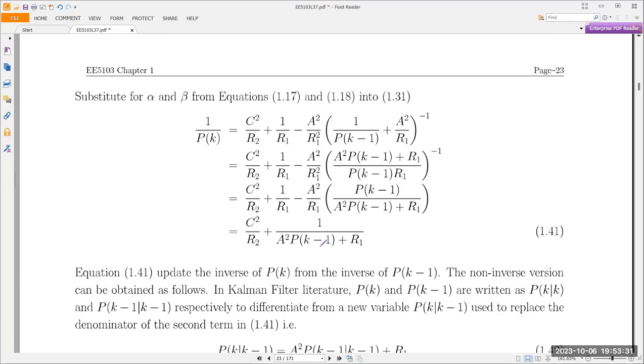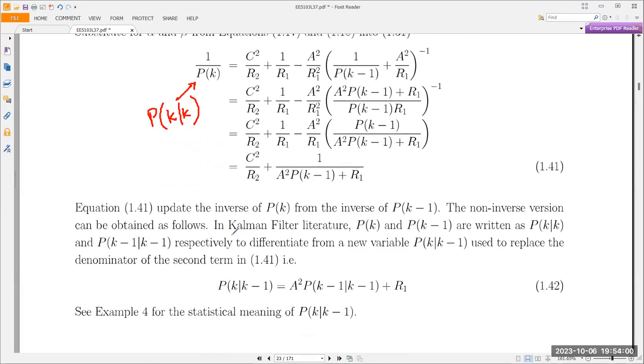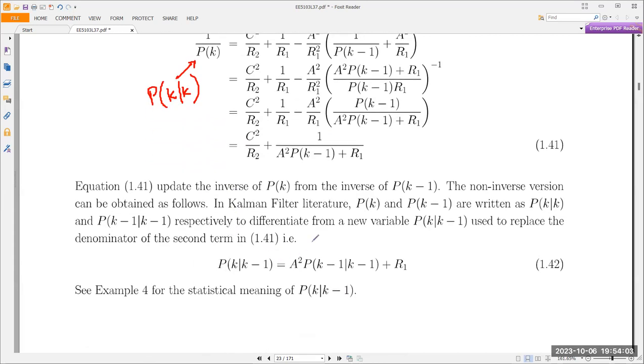And again, this is the P that involves the Kalman filter. The way we write it is this one. This is the P that involves yk, because there will be a P that involves only yk minus 1 and doesn't involve yk. So that's why we need to make a distinction. Then you go and look at 41.